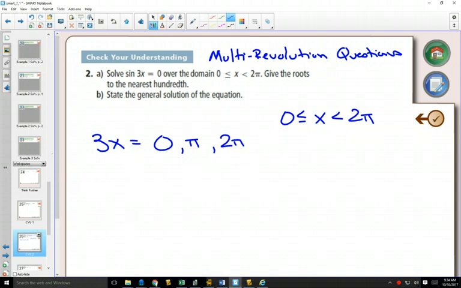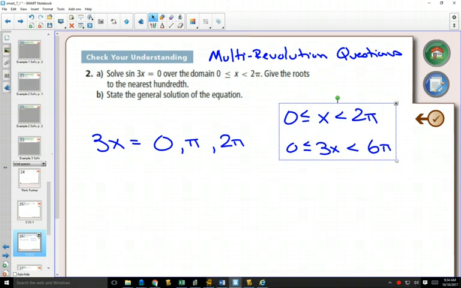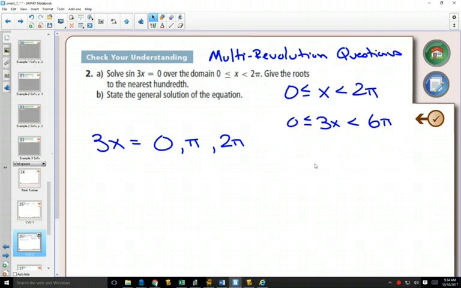if we multiplied everything by 3, because now we have a 3x, well, 3x would be between 0, because 0 times 3 is still 0, and 6 pi. Does that make sense? If 1x is between 0 and 2 pi, then 3x's would be between 0 and 6 pi.